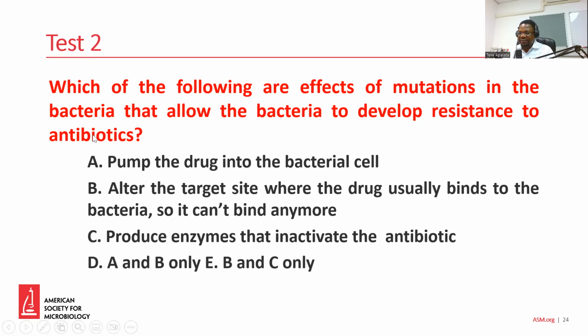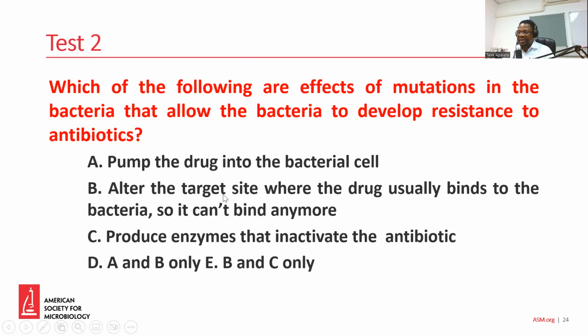Okay, so if we look at response A, pump the drug into the bacterial cell, this is not true, because when we have the efflux pump that is developed as a result of a mutation, it actually pumps the drug outside the cell, not inside the cell. So this answer is wrong. Alteration of the target site is true.